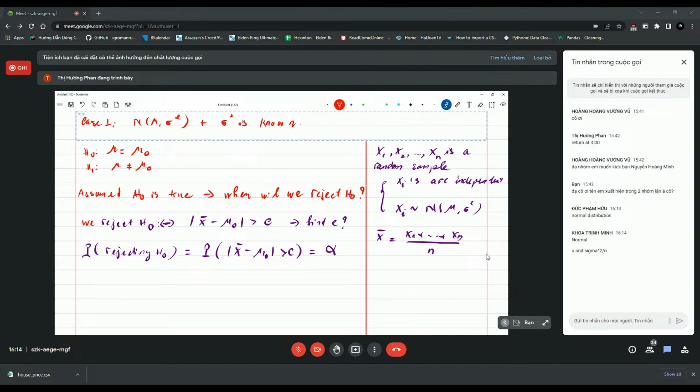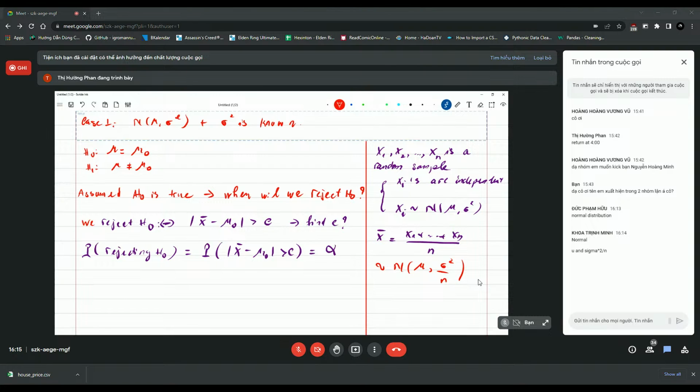Yes, S bar follows a normal distribution with the mean mu and the variance sigma square over n. Okay, very good. So we already know the distribution of S bar.